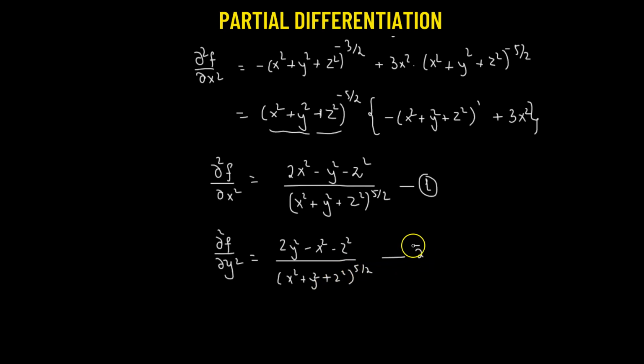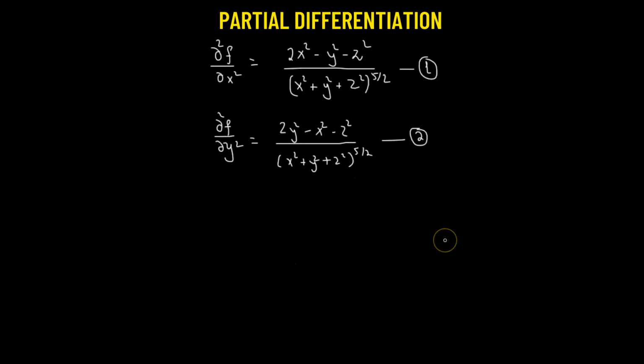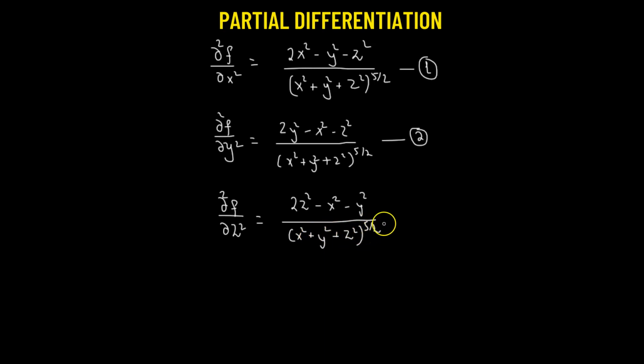We'll label this as number 2, and we can also obtain the second partial derivative of f with respect to z. So this will be 2z squared minus x squared minus y squared divided by (x squared plus y squared plus z squared) raised to the power of 5 over 2. I'm leaving number 2 and number 3 as an exercise for you to try out.